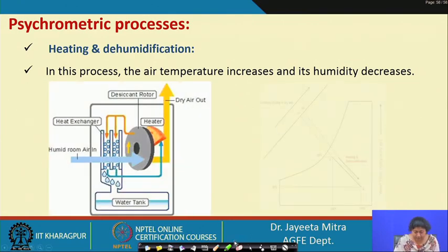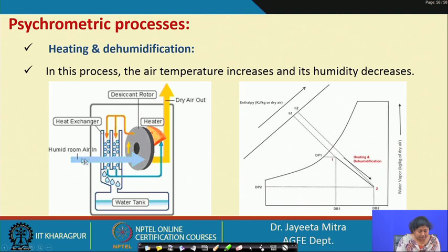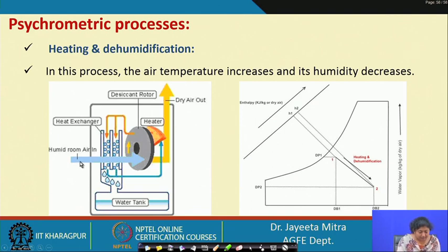What happens is that the air comes and crosses through a heat exchanger, so it is taking the heat and the temperature is increasing, and then it moves over the desiccant rotor. That takes away the moisture, so that we are getting dry and heated air out of the system.